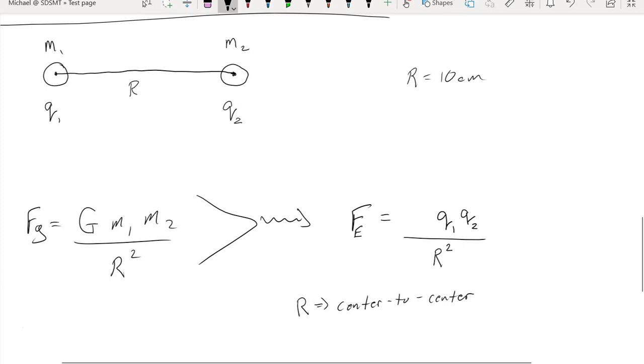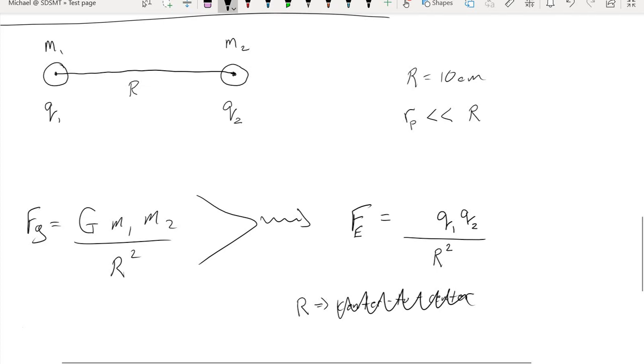Well, how much does the radius of an individual proton compare to the separation distance that we're measuring of 10 centimeters? It's going to be minuscule at the most. And so we can just fudge this as being the surface-to-surface separation between the particles, at least until these objects start getting closer to the macroscopic scale.